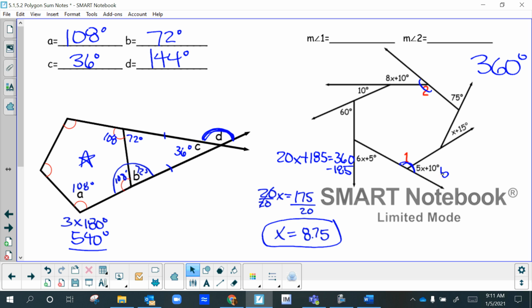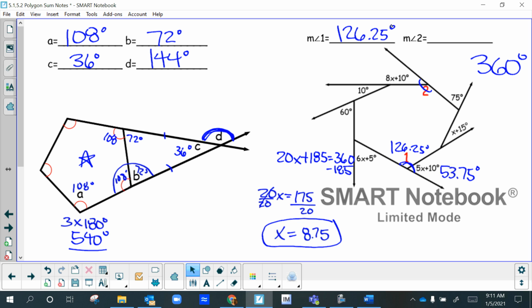So this angle out here is 53.75 degrees. So to get angle 1, I just have to subtract it from 180. So angle 1 is 126.25 degrees.